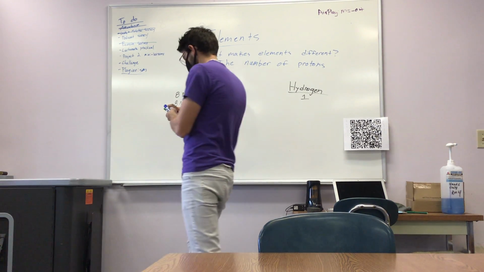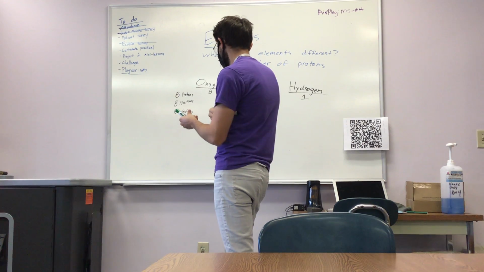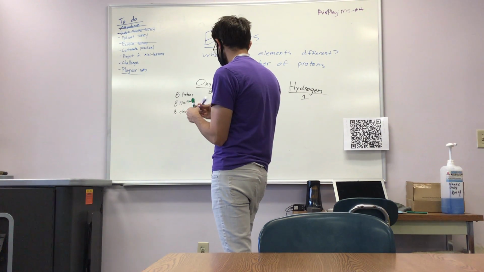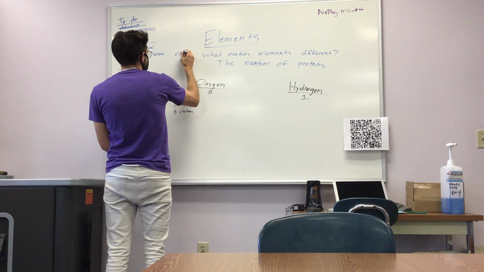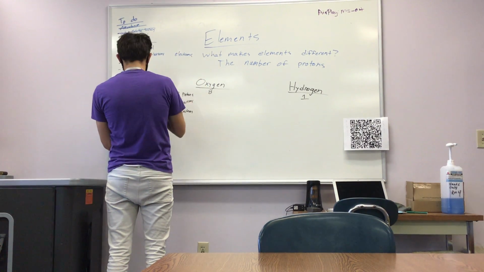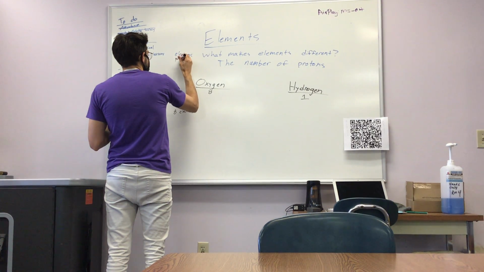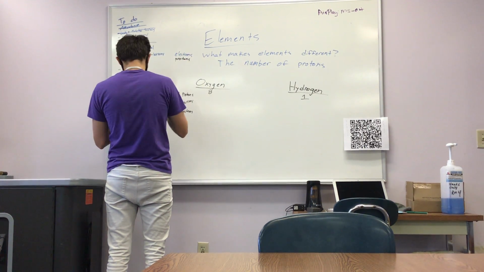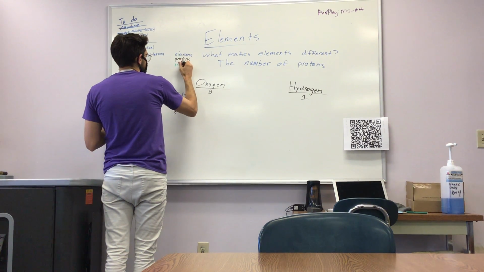All right. So if my electrons are blue, my protons are black, and my neutrons are green, what should I draw here?